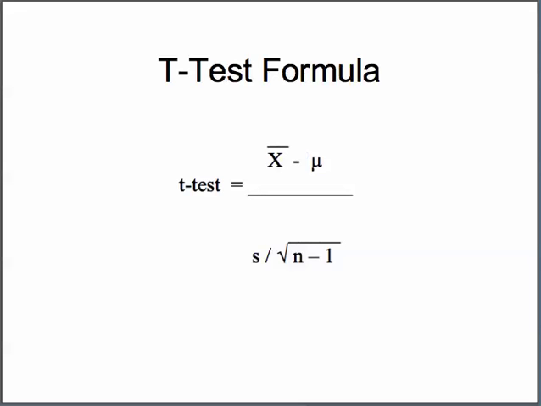Thus x bar is the smaller sample mean. Mu is a larger sample mean. S is the smaller sample standard deviation. N minus 1 is the smaller sample size minus 1, after which we take the square root.